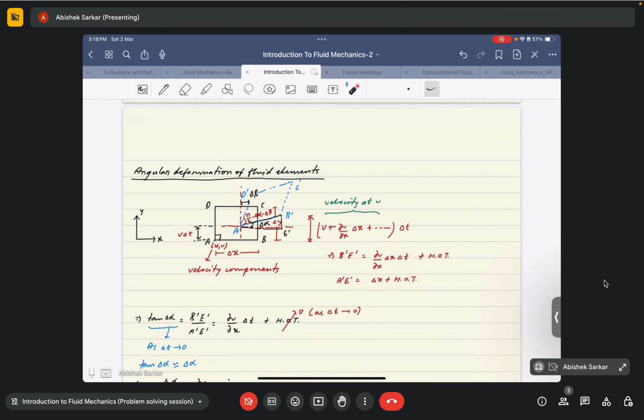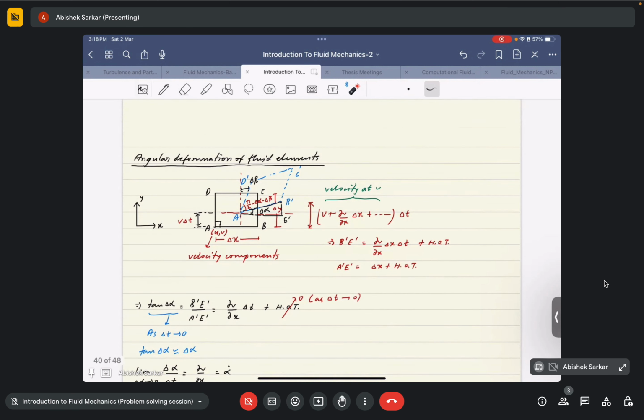This diagram was discussed by Professor Chakraborty in his lectures, so I'll briefly go through it, but just for your recapitulation, I will give you a few minutes, say 30 seconds or 1 minute, to go through the diagram.